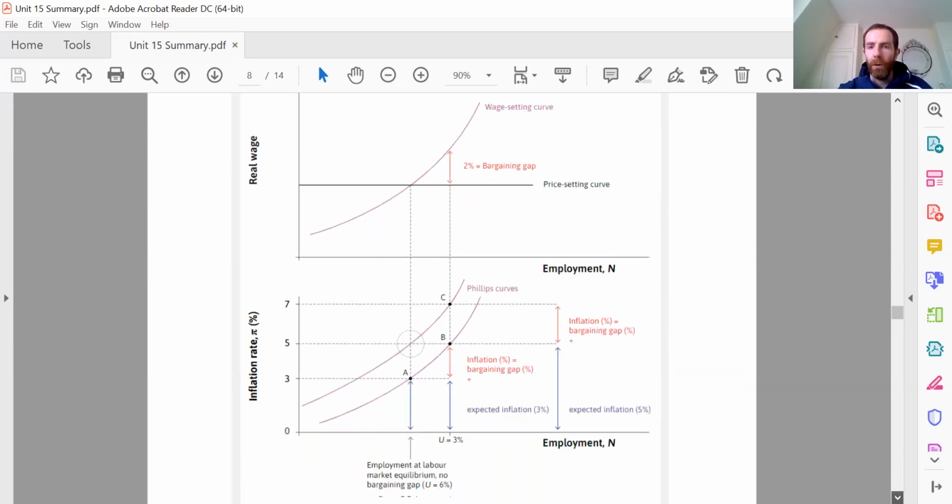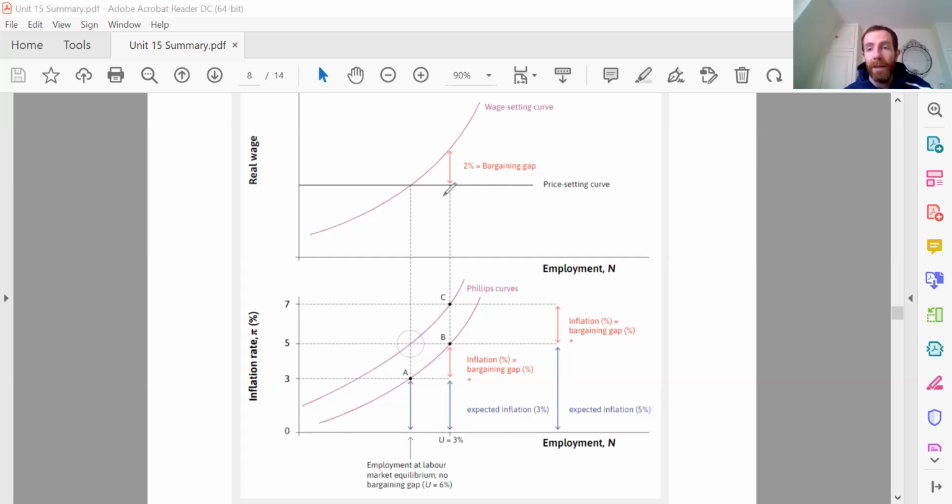So this is showing us precisely the same thing as before, which is that we've had this positive demand shock, which has pushed unemployment lower. It's opened up this bargaining gap. And we saw firms are going to have to respond by offering a nominal wage increase of not only the expected inflation of 3%, but also an extra 2% to satisfy this positive bargaining gap.